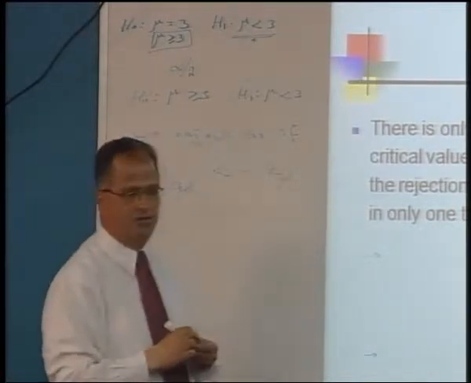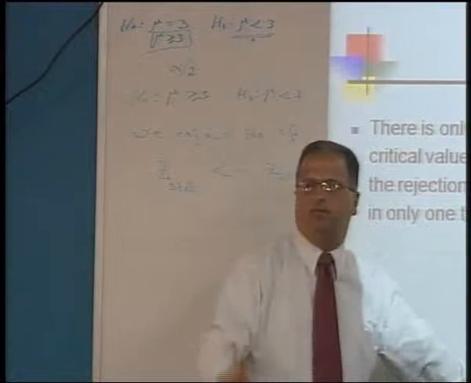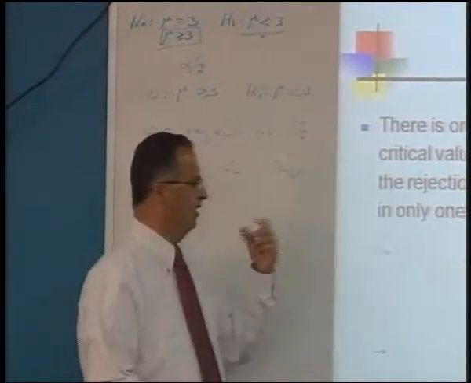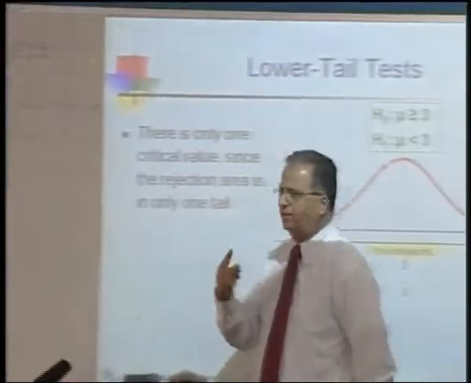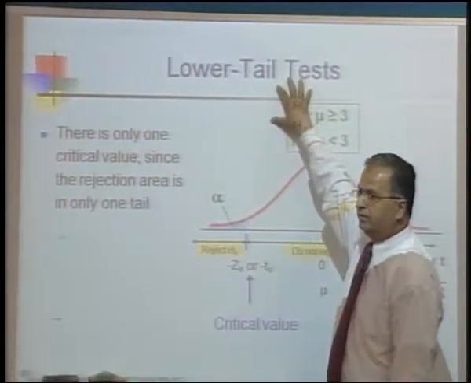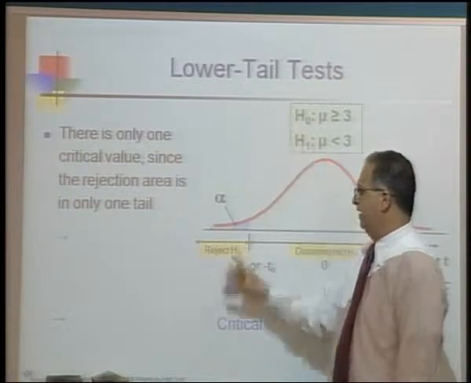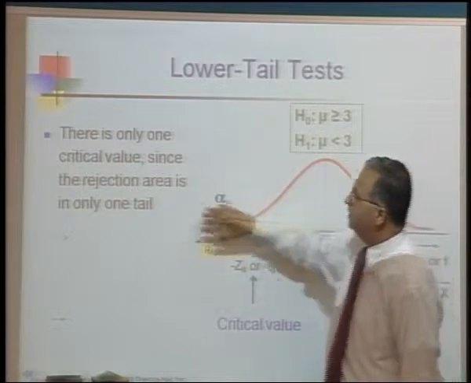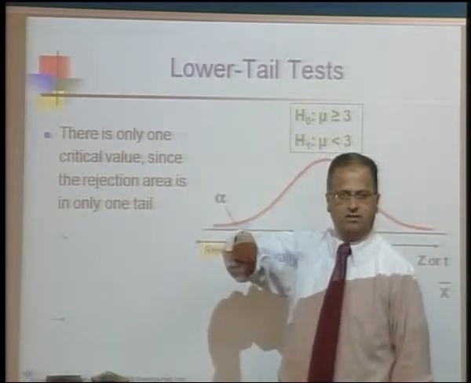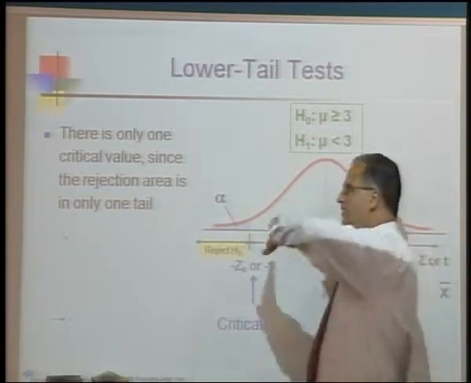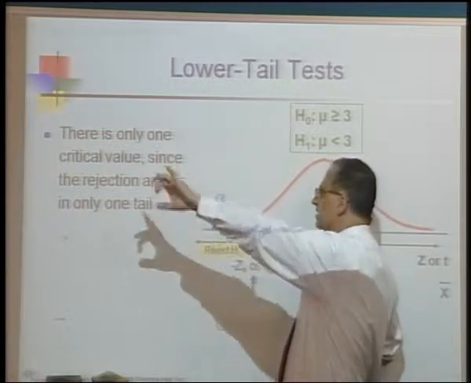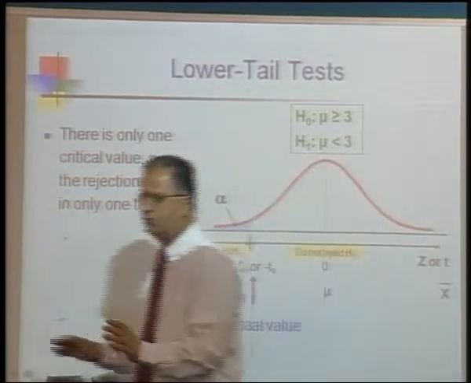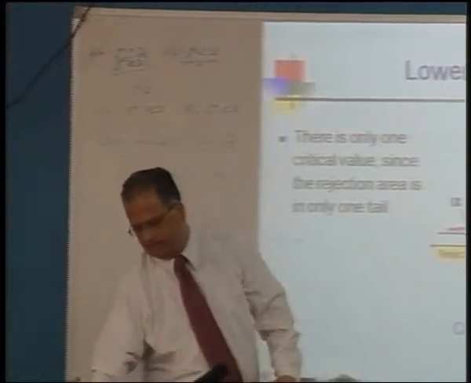There is only one rejection region in this case because we are talking about a one-tail test. So again, there is only one critical value, because it's just a one-tail test, and it's negative z alpha or negative t alpha. We reject the null hypothesis if the value of the z statistic falls in the rejection region. It means that the z statistic is smaller than minus z alpha. That's for the lower tail test.